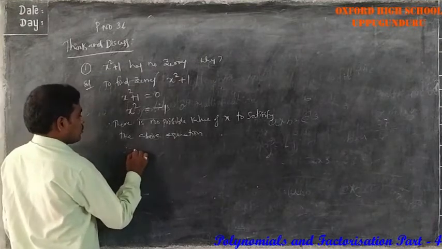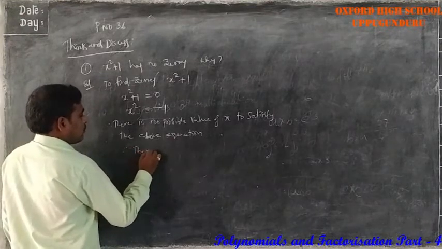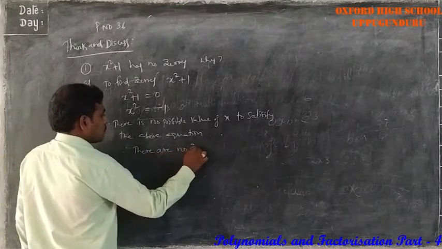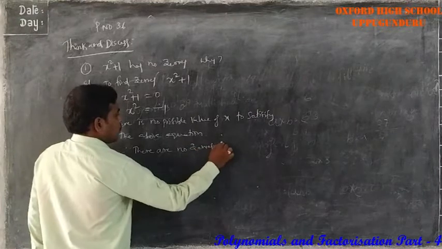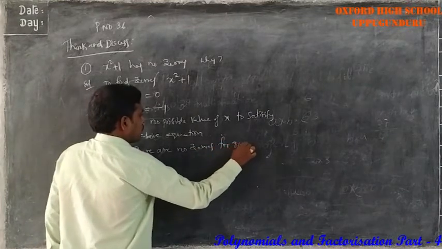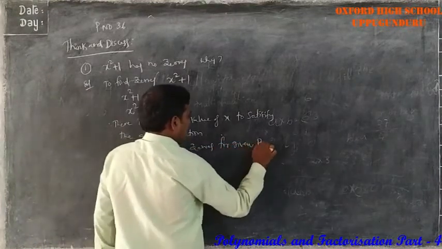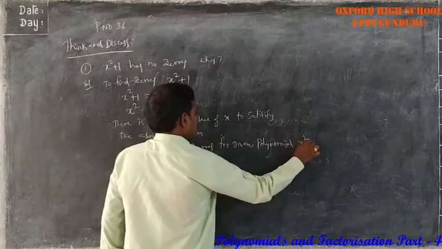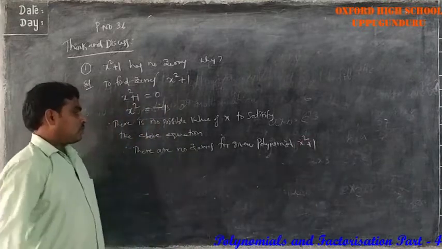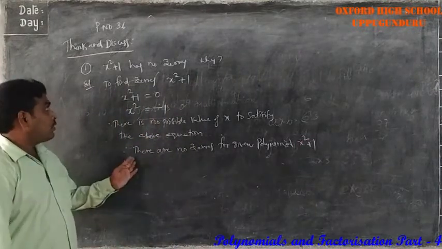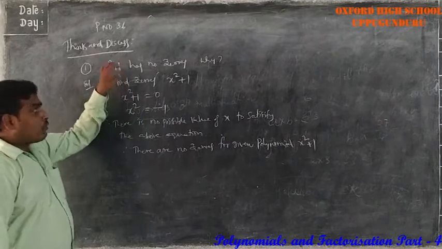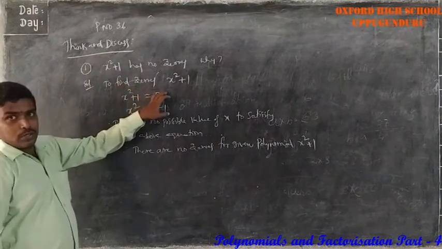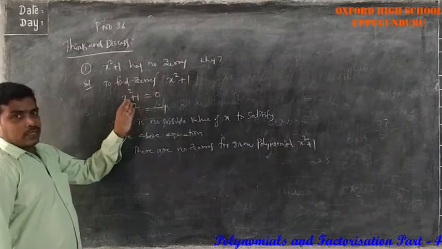Therefore, there are no zeros for the given polynomial x square plus 1. So in this way you can do this one. To find zeros of any polynomial, you have to equate that polynomial equal to 0 and from that find the variable.